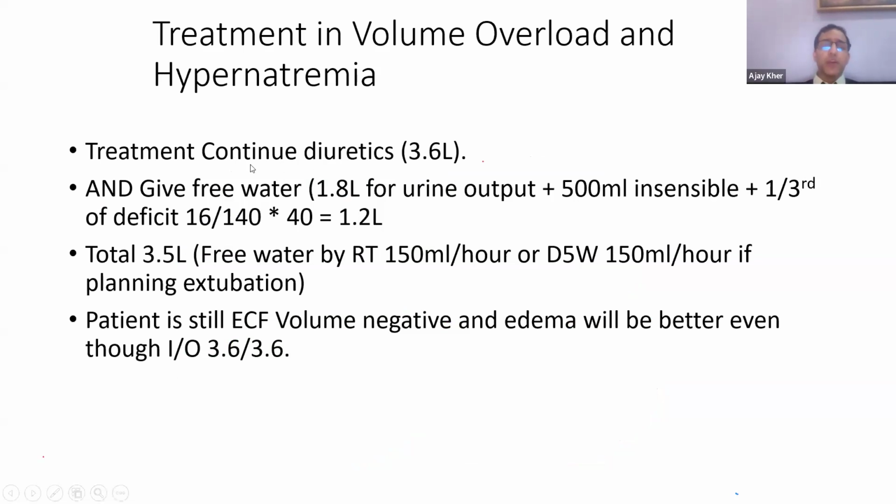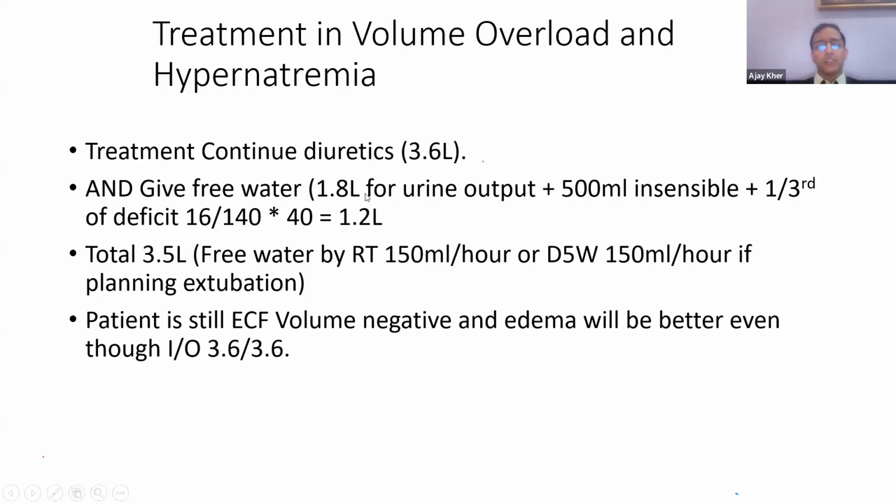So if we continue the diuretics and we assume that we are going to get the same response, you'll get a 3.6 liter output, and we give free water for the urine output. Out of the 3.6 liters, half is going to be free water, half is going to be the salt rich urine.